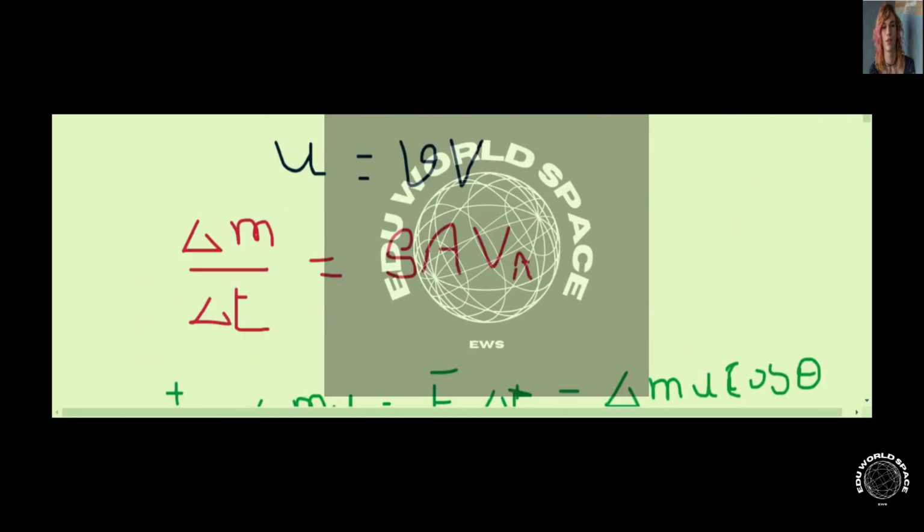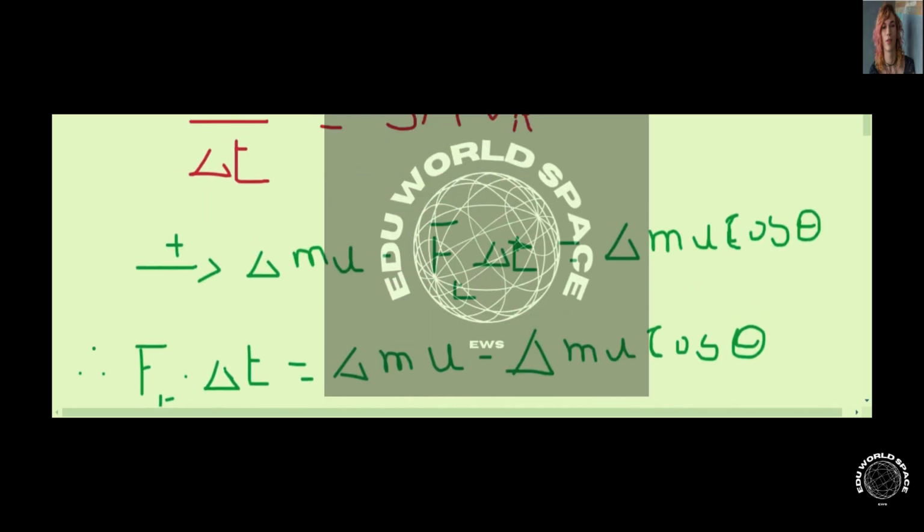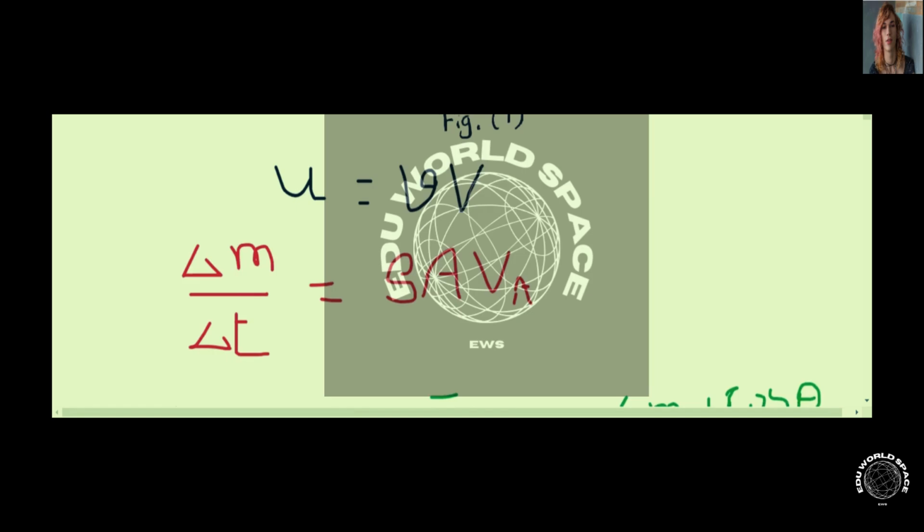Here instead of u, I have written V_A minus v. That comes from our very first equation, u is equal to V_A minus v. And the remaining term is 1 minus cos theta.